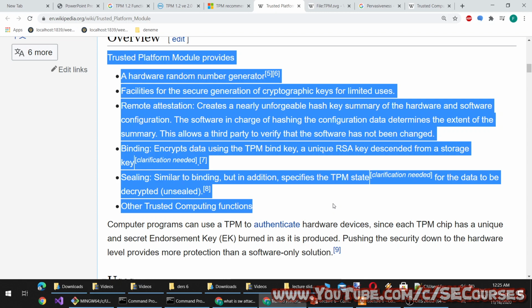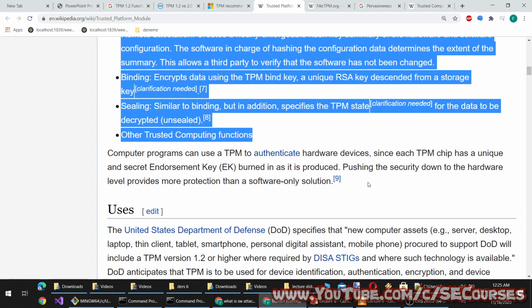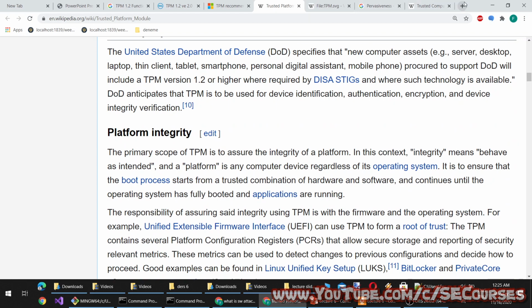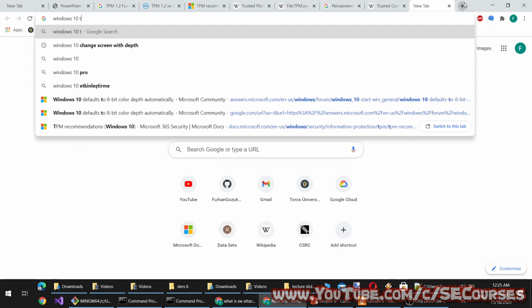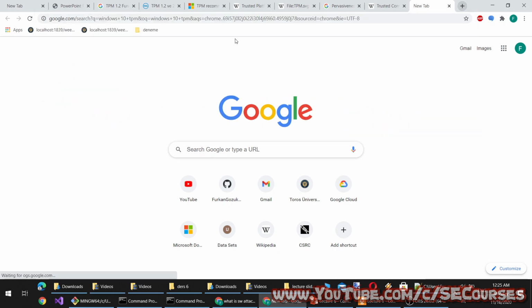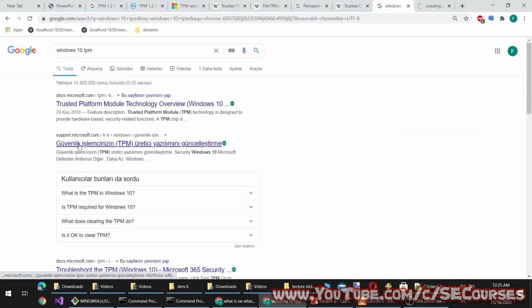Binding encrypts data using the TPM bind key, a unique RSA key descended from a storage key. Sealing, similar to binding, but in addition, specifies the TPM state for the data to be decrypted, unsealed. Other trusted computing functions. I think Windows 10 has TPM features.